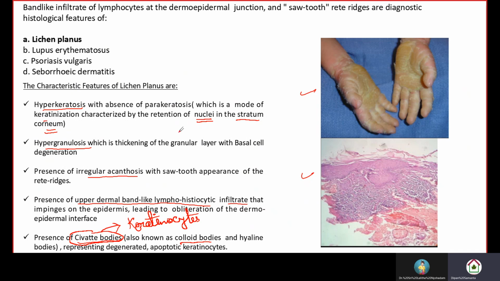Next is hypergranulosis, which is a thickening of the granular layer with basal cell degeneration. Basal cells are the deepest layer of the epidermis, and they will be degenerated. Then, irregular acanthosis with a sawtooth appearance of the rete ridges.